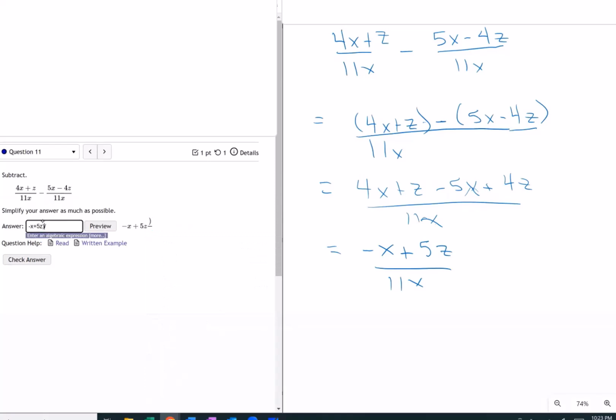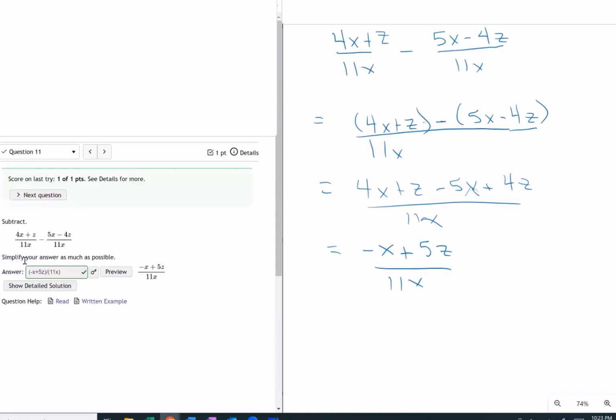Once I put my parentheses, now, look, there's the numerator divided by the denominator. Oh, I didn't put my parentheses. Look where the x landed. I have to put parentheses. Make sure you always check that your answer looks the way you want it to look. See, that looks like this. That means we're ready to check our answer, and now it's correct.